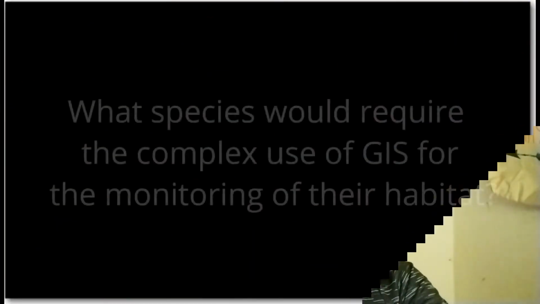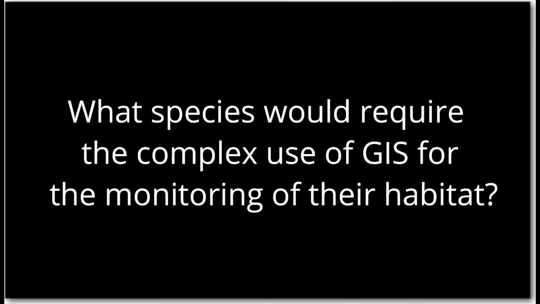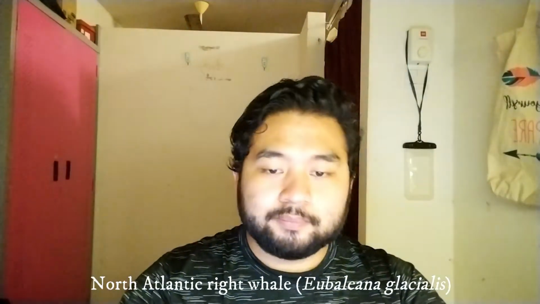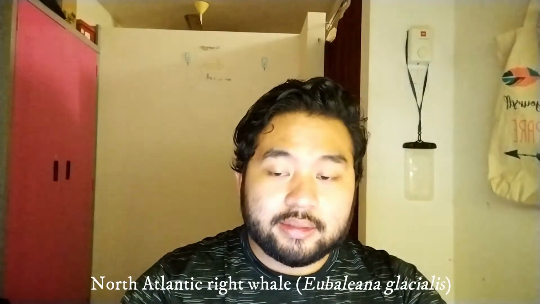So the use of GIS in monitoring marine species has been widely used. Some examples of species are whales and sea turtles. An example of a marine animal which is extremely endangered right now is the North Atlantic right whale, or Eubalaena glacialis.